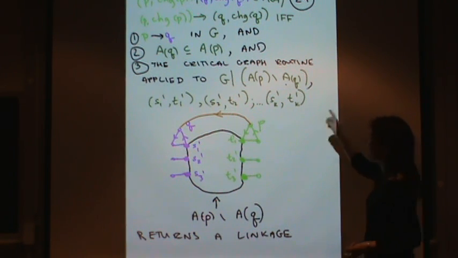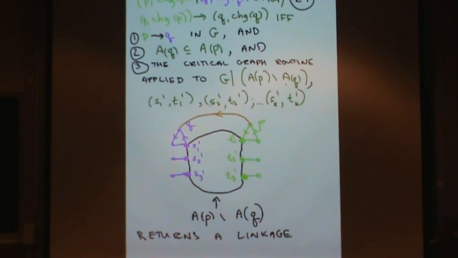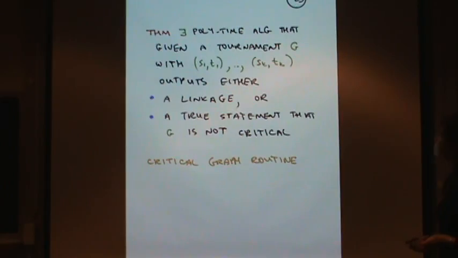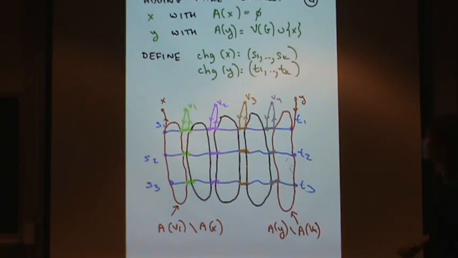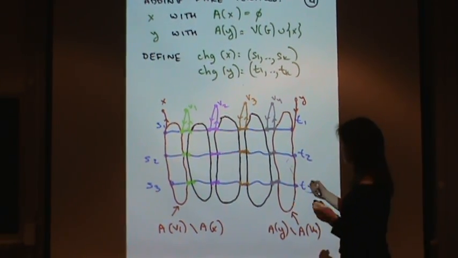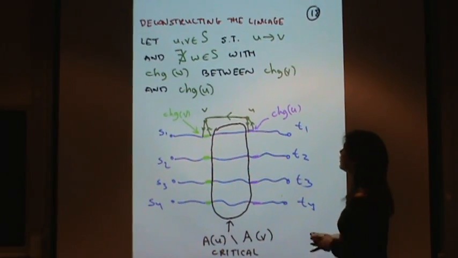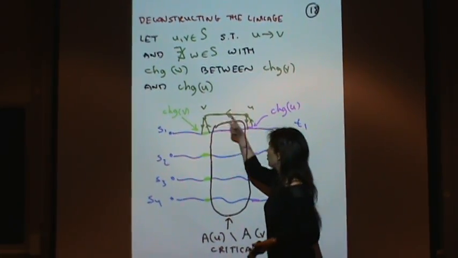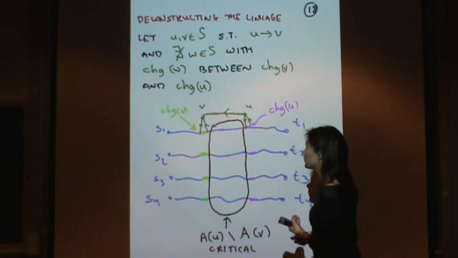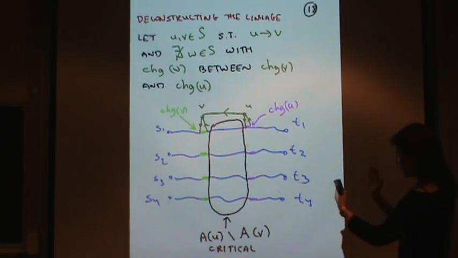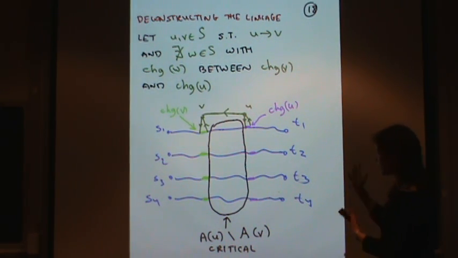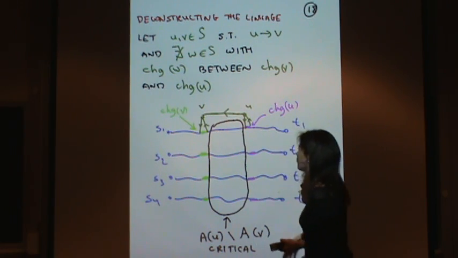If 1 is true, 2 is true, and also this critical graph subroutine does in fact give me linkage. So why is that good? Here, if I did in fact have two surface vertices u and v, so that I couldn't put anything between, I couldn't find a surface vertex with a changeover area between them.